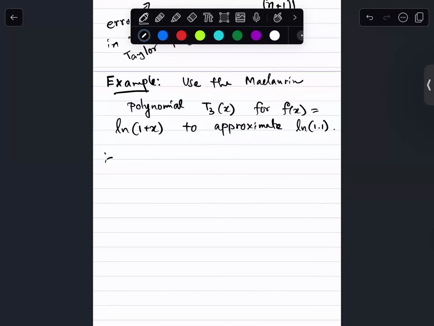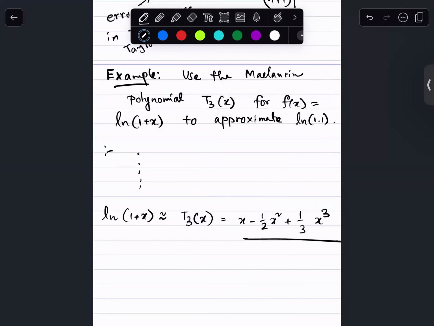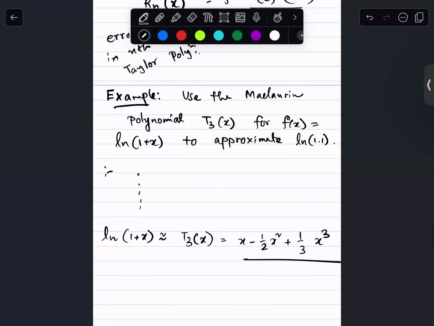I'll skip the very first details that you need to fill in, but believe me that ln(1 plus x) will be, say, T_3(x), and this will be x minus half x squared plus 1 over 3 x to the 3. So how do I get this? Again, the same thing. Do the first derivative, second derivative, and third derivative, evaluate at 0, and then figure out which terms will vanish and which will survive.